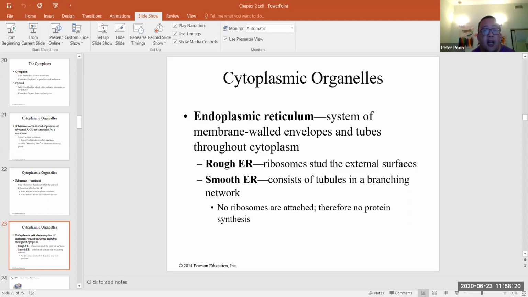The ER that was rough, the reason it was rough is because it has ribosomes attached to it, and those were attached to protein making. The smooth ER is not going to have ribosomes, so it's not going to be involved in protein making. It's going to be involved in other things, like making sugar and making fats.